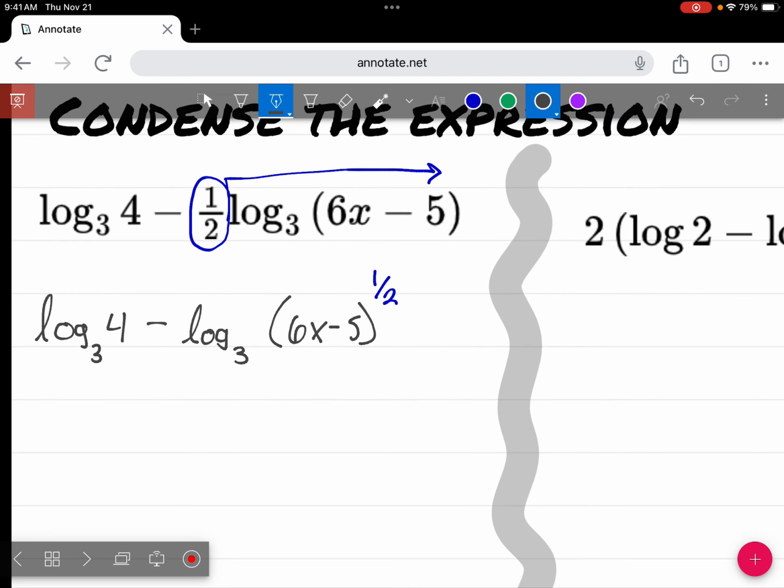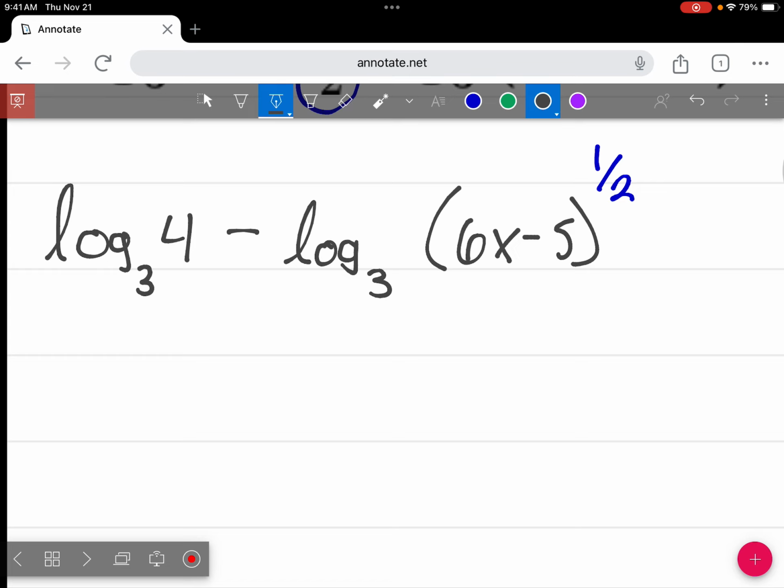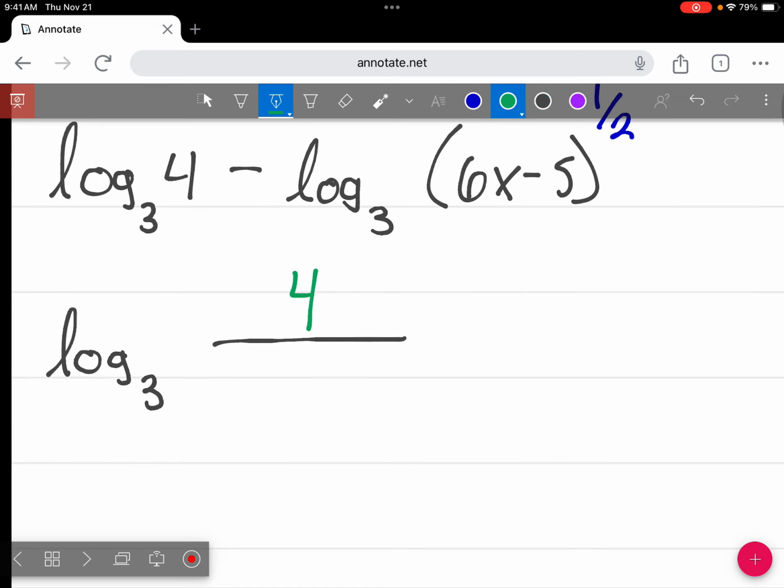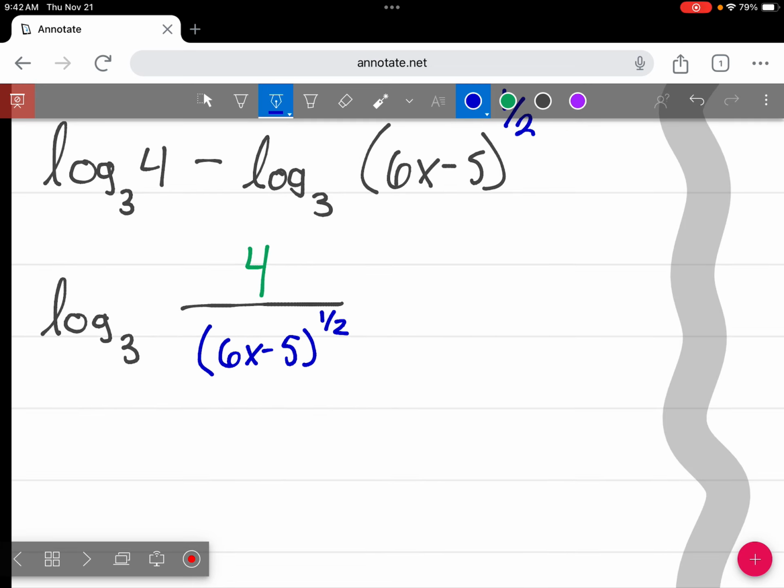What are we going to do next? A fraction. This is going to be our log base 3 of the fraction that has my 4 in the numerator. And our whole expression down here is 6x minus 5 to the 1/2. How else can I write 6x minus 5 to the 1/2?